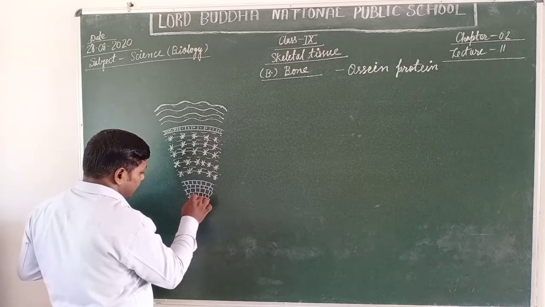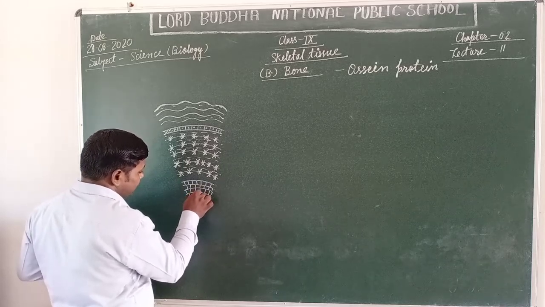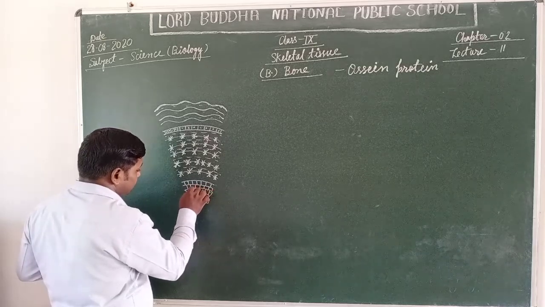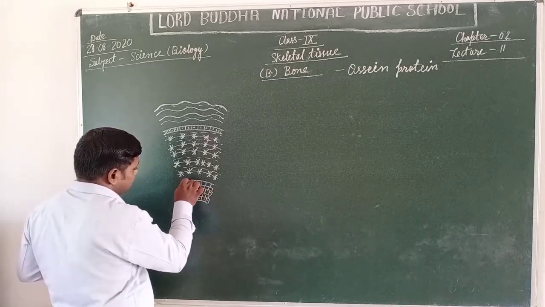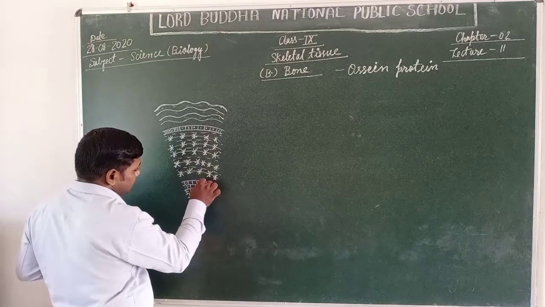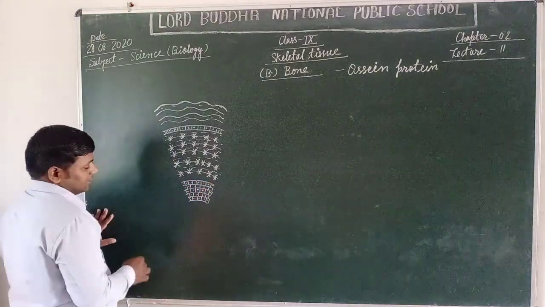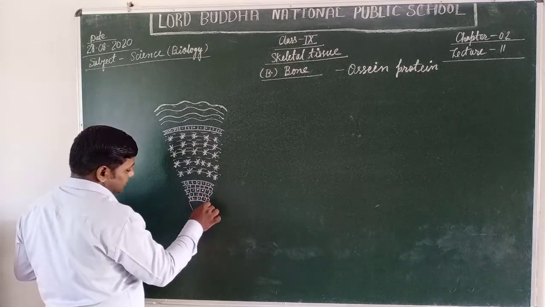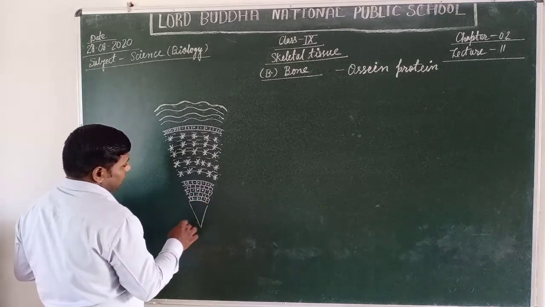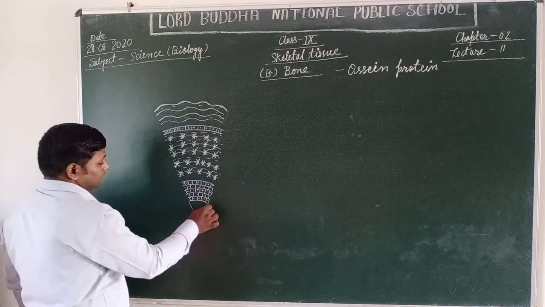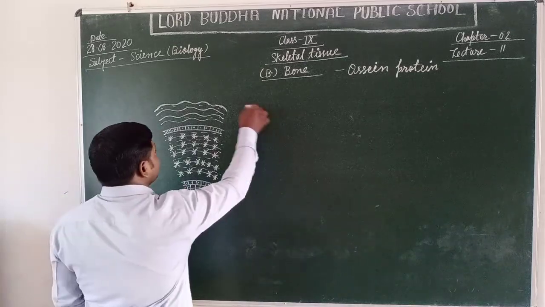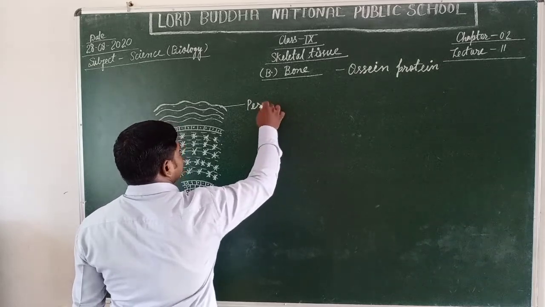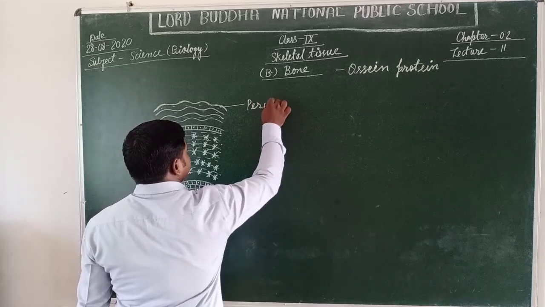The bone marrow cavity is well known for the deposition of RBCs and WBCs, because the formation of such kinds of cells also takes place here, and this is the central part of the bone that is called the bone marrow. This is the outermost part of the bone, that is periosteum.